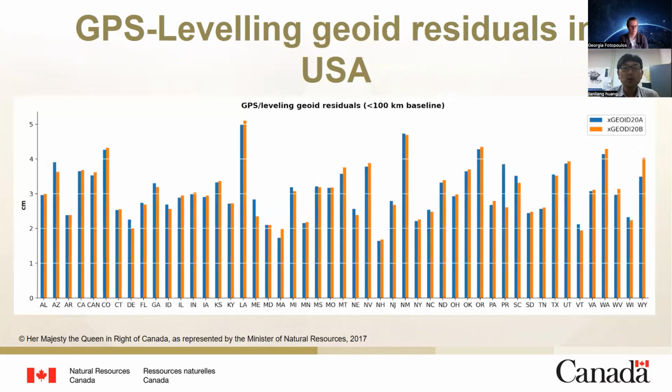To avoid those systematic errors, another test was done state by state, only based on baselines shorter than 100 kilometers. The standard deviation ranges from 2 centimeters to about 5 centimeters, and in the case of Canada, it is about 3.6 to 3.7 centimeters.